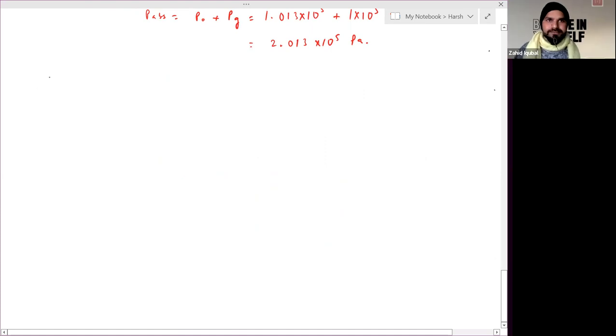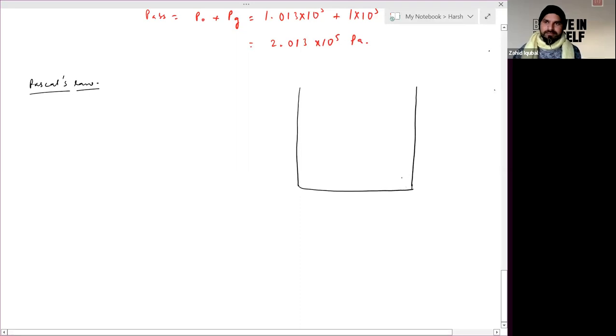Now the next term is Pascal's law. Suppose you have a vessel in which liquid is filled up to this point.